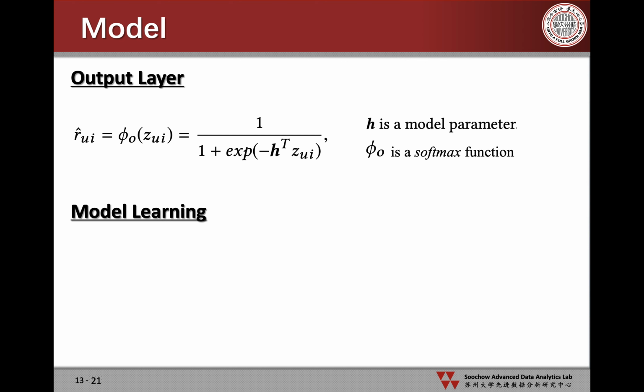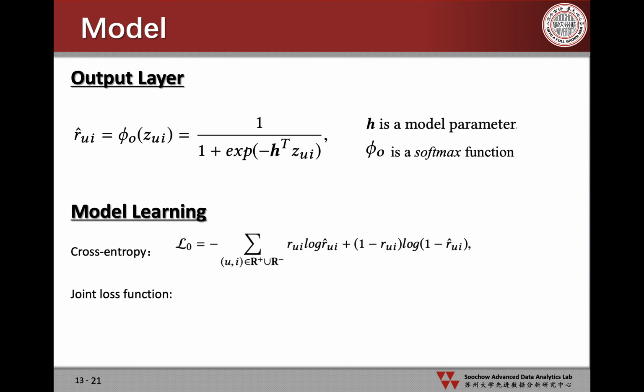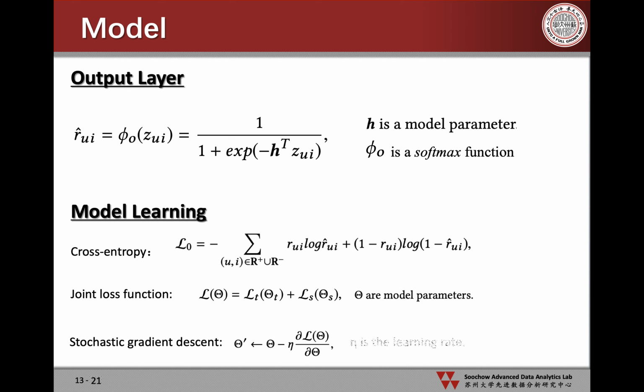In terms of model learning, according to the task of item recommendation and the nature of implicit feedback, we adopt cross-entropy as our loss function for model optimization, and we add a joint loss function to our proposed model, which can be trained efficiently by backpropagation. And this objective function can be optimized by SGD.